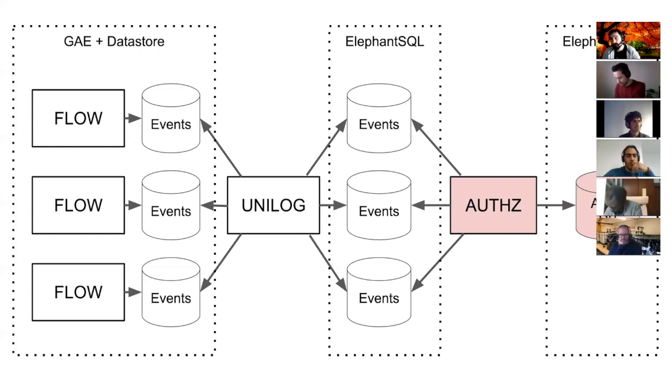Then it notifies Unilog that there are new events, and Unilog goes and starts pulling data from those events, and puts it in Postgres, and we have one database per tenant. And then what we have actually built, and that's what we are talking about, is that red thing on the right, where we pull from all those databases, get the events that we're interested in, and put them in just one, and this is important, just one database in Postgres.